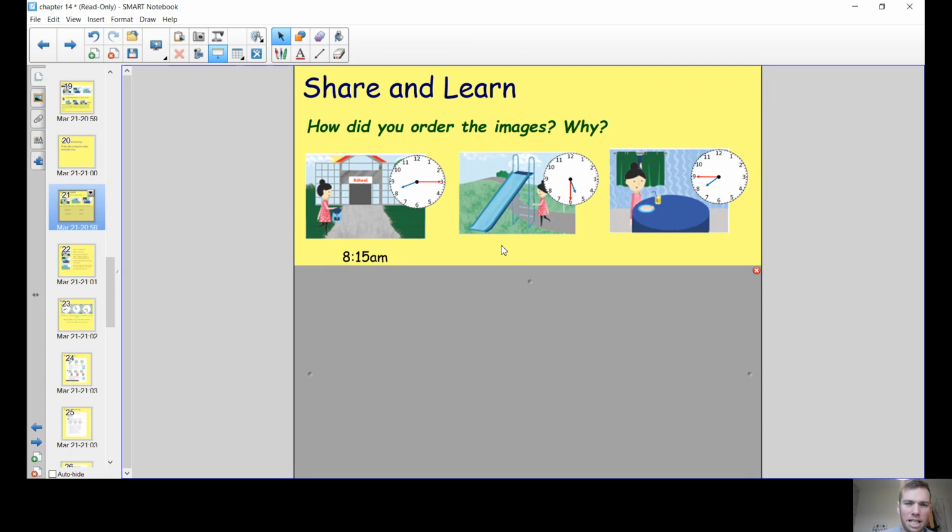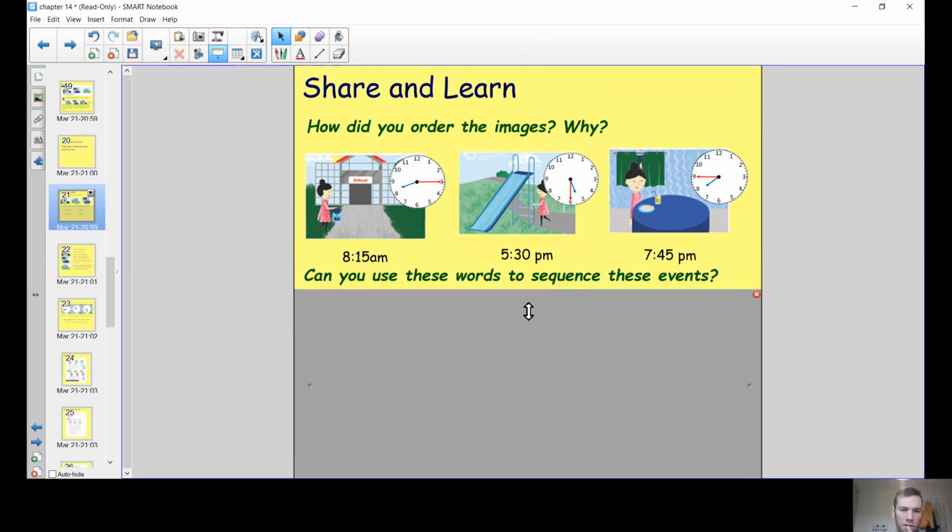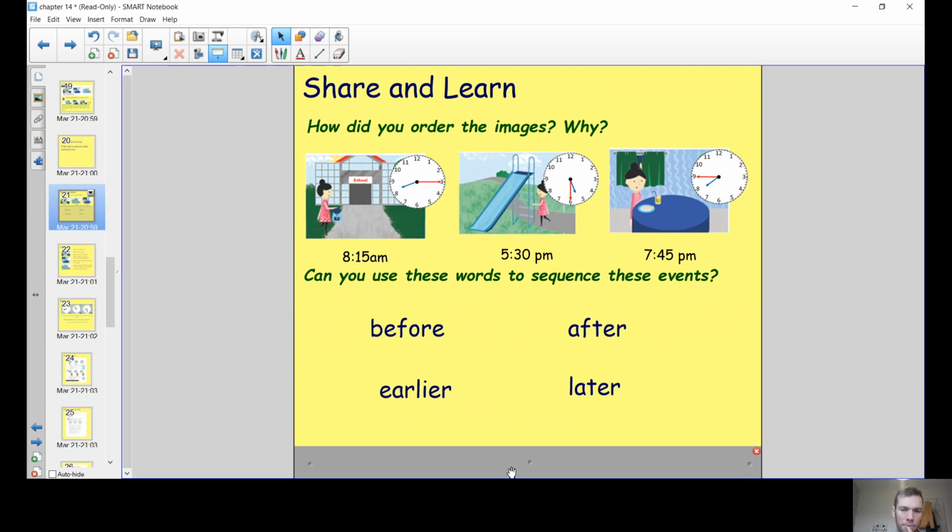Because I think 8:15 a.m. is first, and then 5:30 p.m. and finally before bed I think we've got 7:45 p.m. Okay, I think that really helped me to think about which one were morning or afternoon or evening.